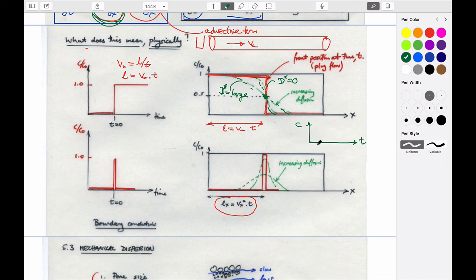Physically, this is going to look exactly the equivalent of this. So if there's no diffusion, it'll look like this. If there is diffusion, it will look like this. And if there's a ton of diffusion, it will look like this. So it follows this behavior exactly, as you'd expect.